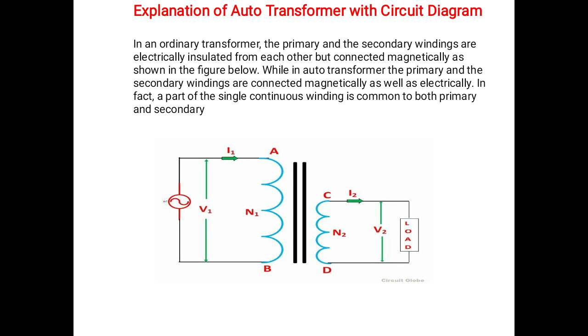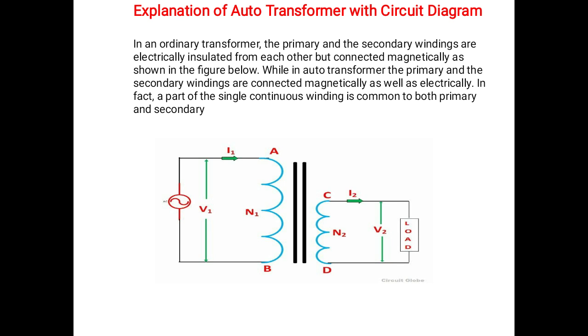In an ordinary transformer, the primary and secondary windings are electrically insulated from each other but connected magnetically as shown in the figure below. While in autotransformer, primary and secondary windings are connected magnetically as well as electrically.